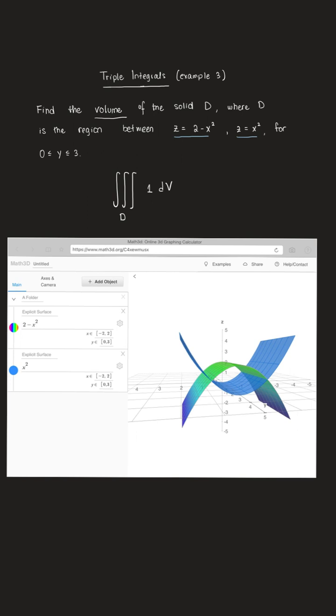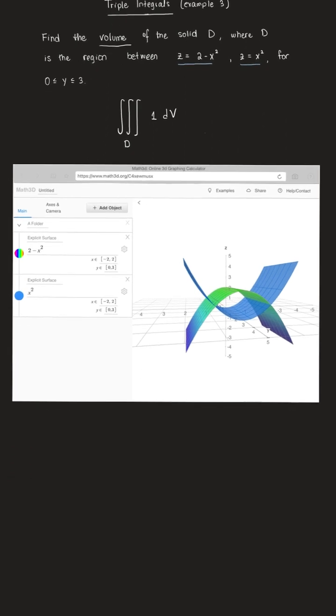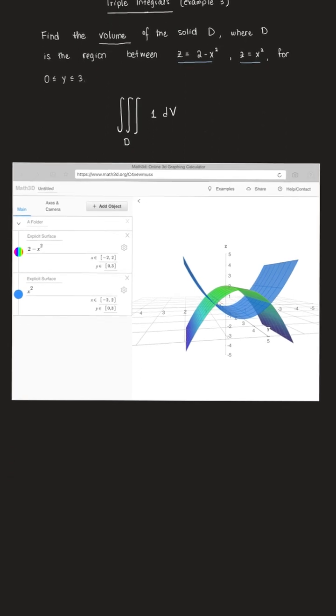So I am going to go ahead then and set up our limits of integration for z. So our first step here, we're going z simple first, and z then will be between 2 minus x squared and x squared.